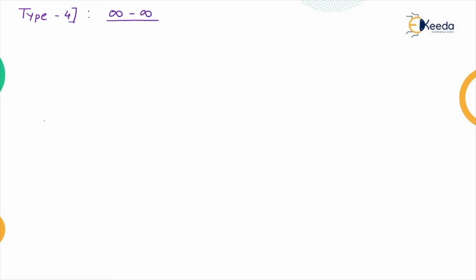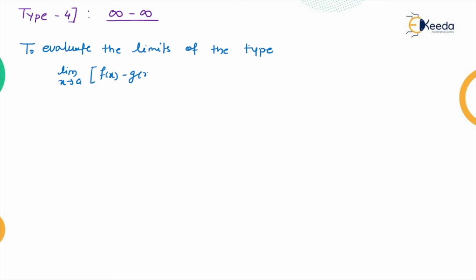In this type, to evaluate the limits of the type infinity minus infinity, that is, the limit as x tends to a of f(x) minus g(x), when the limit as x tends to a of f(x) becomes infinity and the limit as x tends to a of g(x) also becomes infinity.